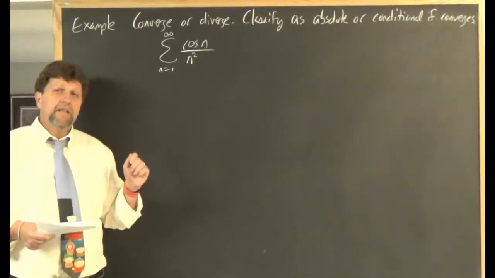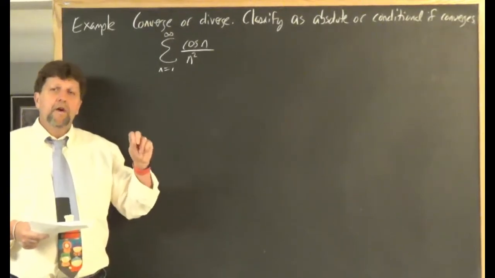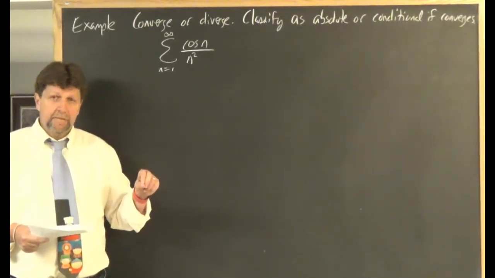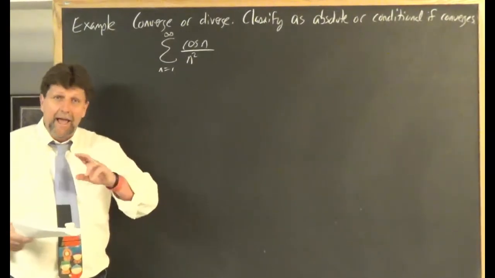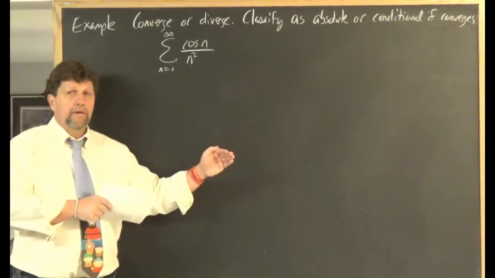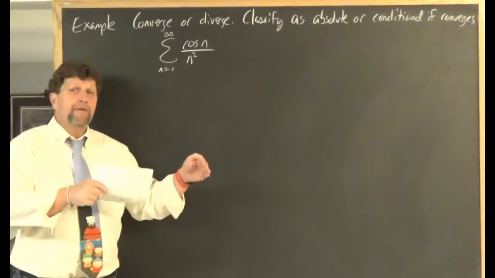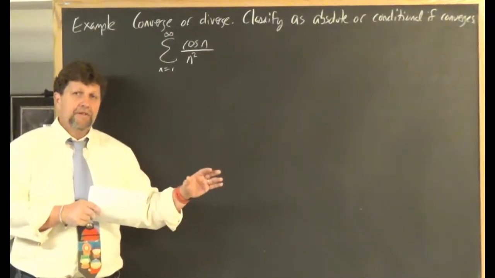Now, if it does converge, we're going to classify it as absolute convergence or conditional convergence. Now remember, conditional convergence just means as it's given to you, it converges, but when you take the absolute value of each term, you get something that diverges.